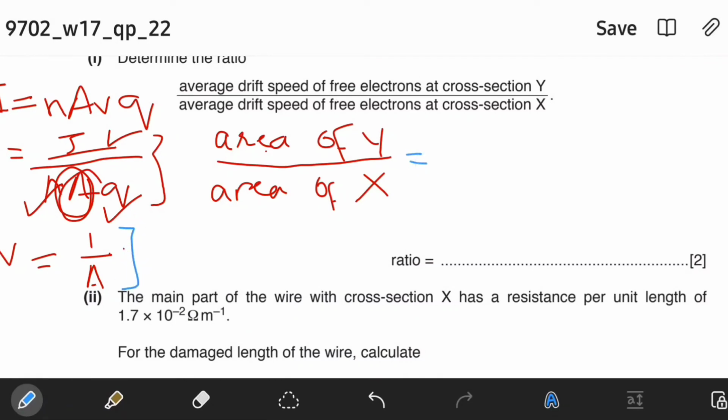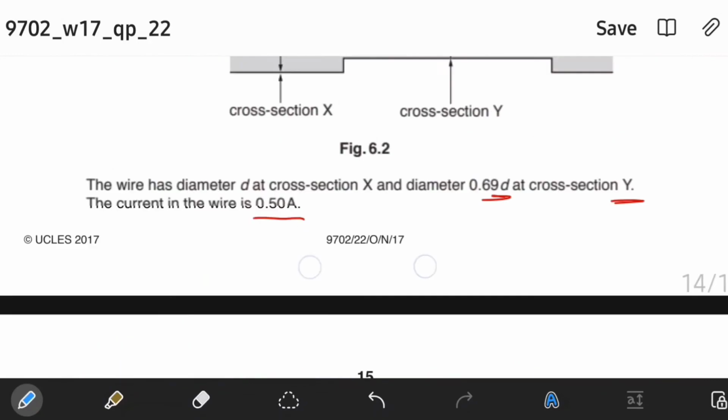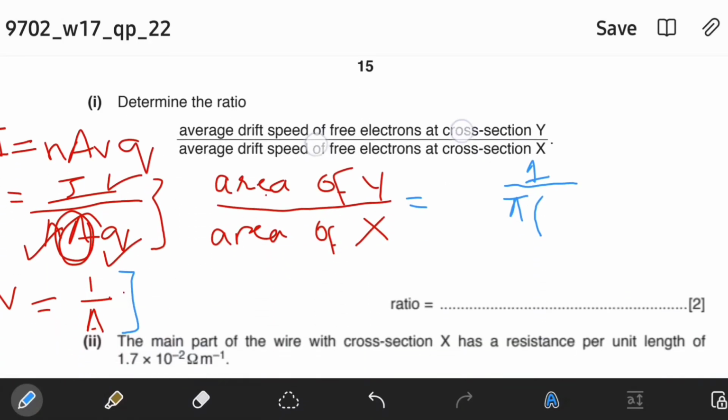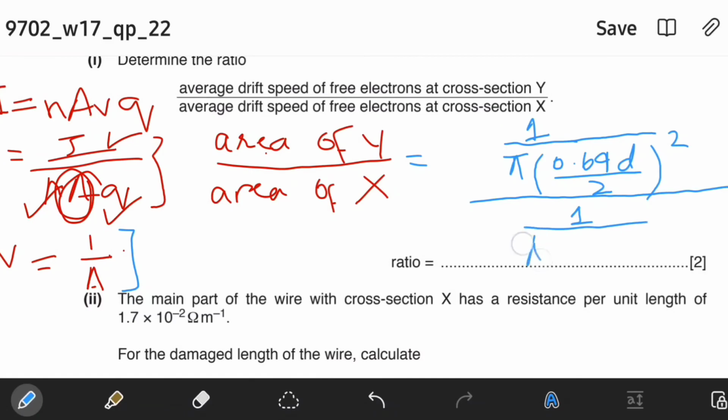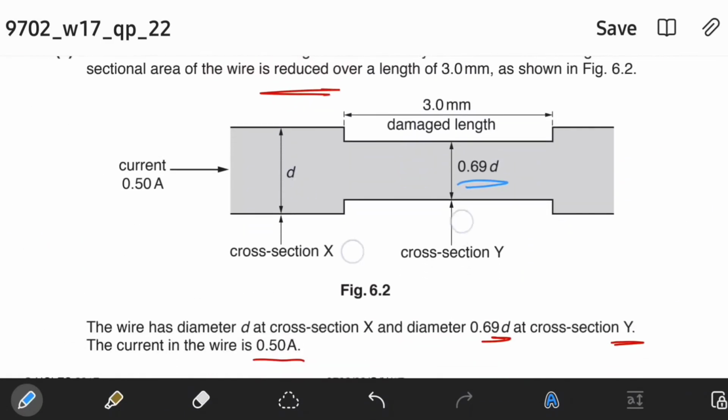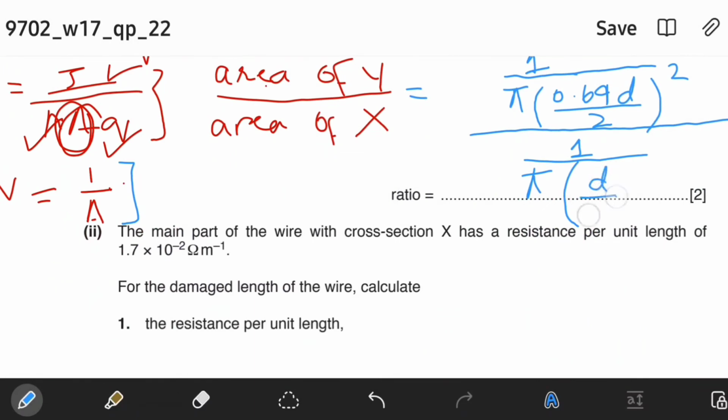So for y, we are going to take 1 over pi. You do not even need to write pi because it is going to get cancelled. For y, it's 0.69 d and it's a diameter, right? So we need to divide 0.69 d by 2 to get the radius, squared, over, again for x, 1 over pi, and for x it's just d, so it's d over 2 squared.